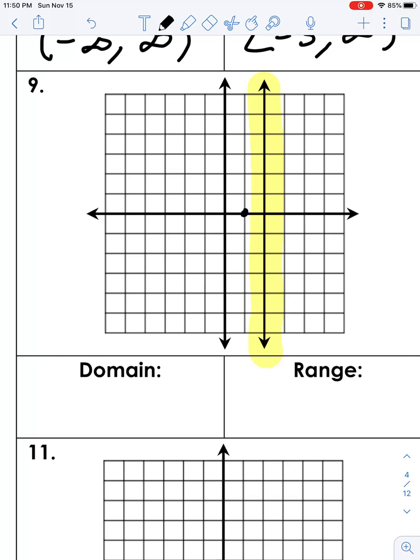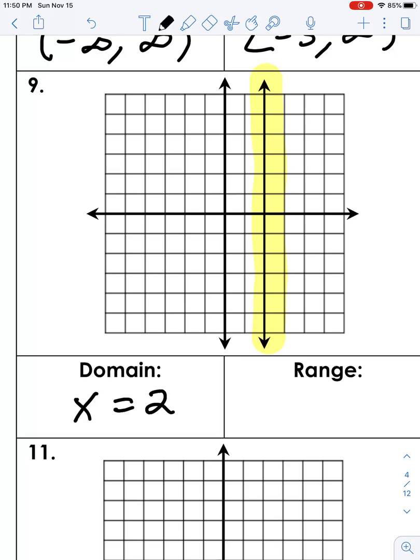Well, if you count over 1, 2, the vertical line is at 2. Because this graph is not going left or right in either direction, the domain would be x equals 2. I mean, this vertical line is at 2 to the right.